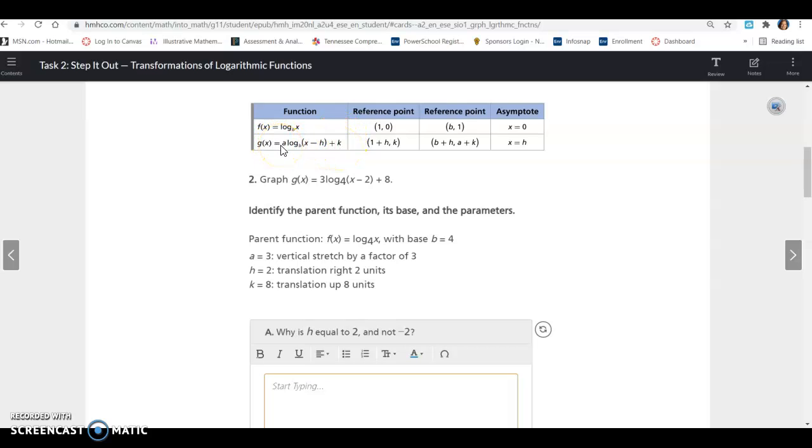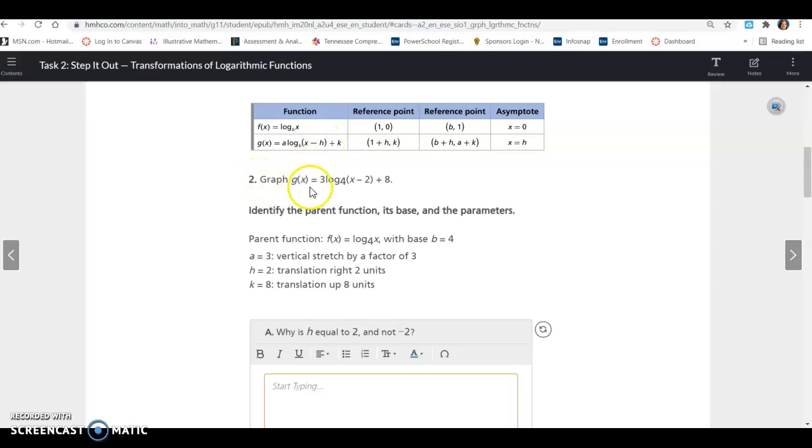And then a is your vertical stretch, and b is your horizontal stretch or compression. Your reference points for a transformation are going to be (1 + h, k) and (b + h, a + k). And then your asymptote will be x = h, because h again is your horizontal movement.